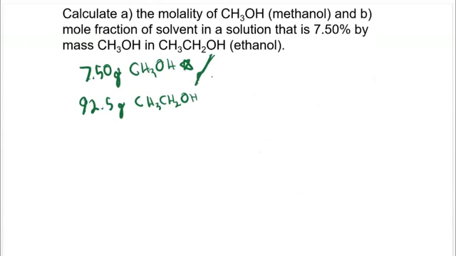The molar mass of methanol is 12 plus 4 for the hydrogens plus 16, which is 32 grams per mole. So 7.5 divided by 32 is 0.234 moles.